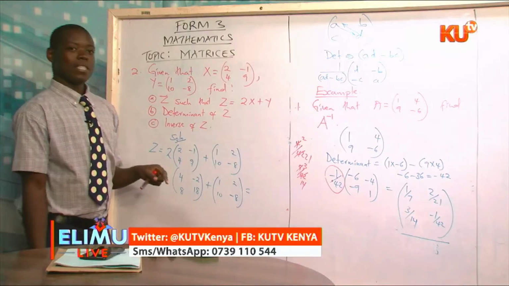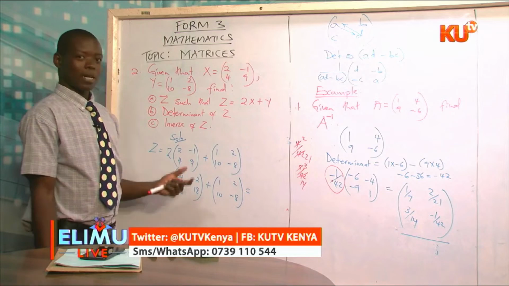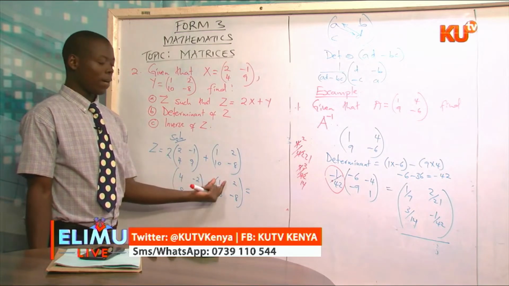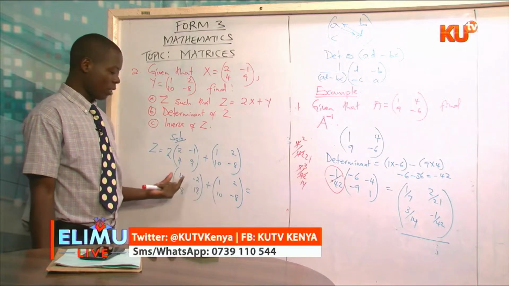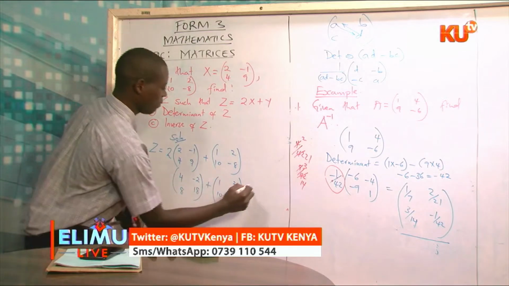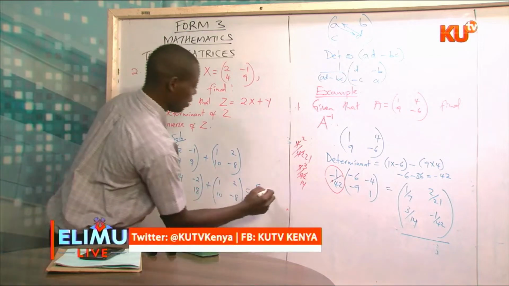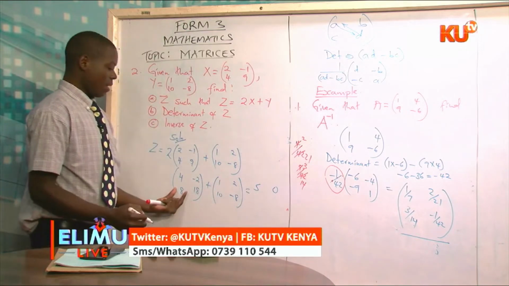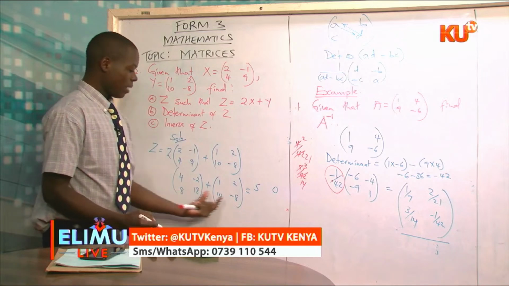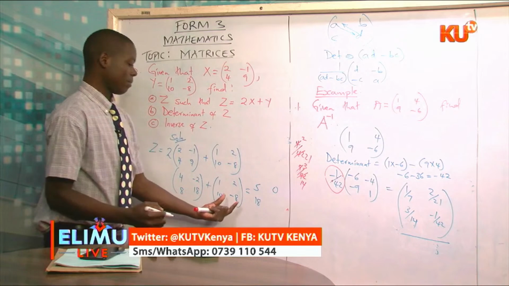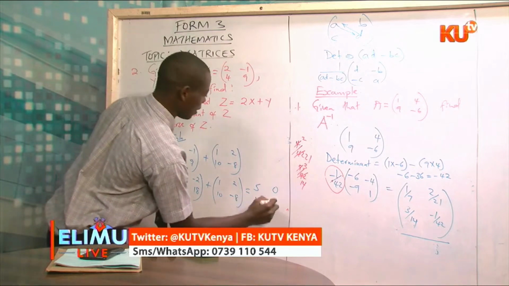We add elements in their respective positions from each matrix, meaning first element in the first matrix, first element in the second matrix. So 4 plus 1 is 5. Negative 2 plus 2 is 0. 8 plus 10 is 18, and 18 plus negative 8 is 10.